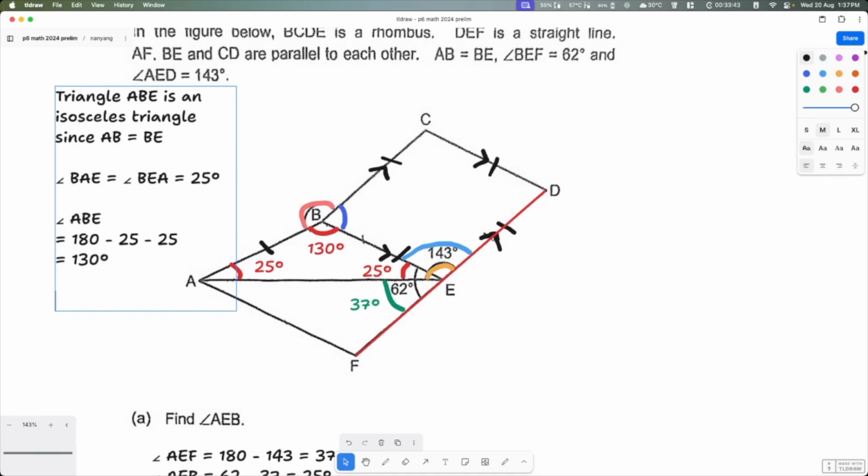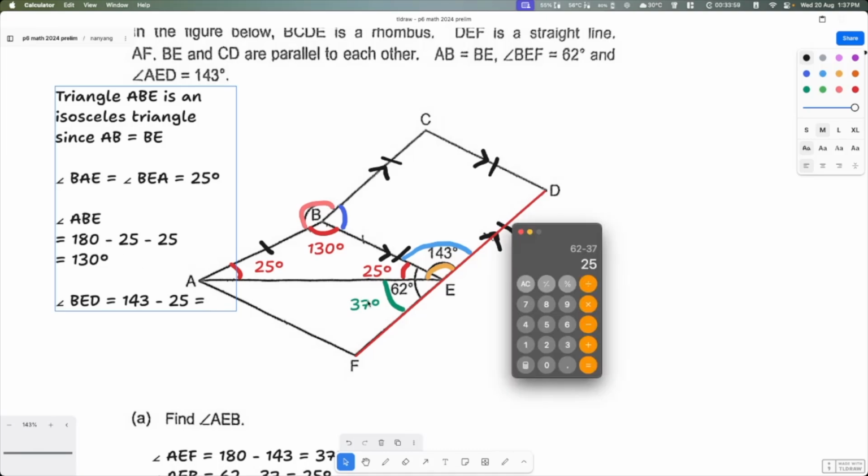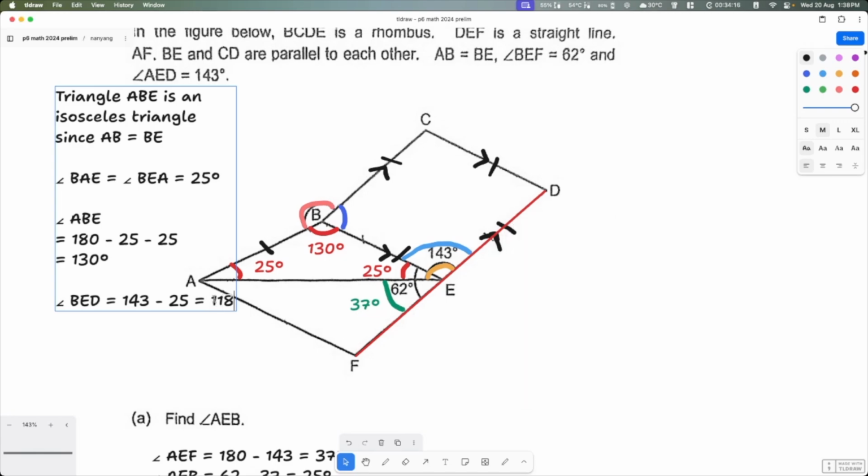So angle BED, the blue angle, BED is equal to 143 minus 25, and this will give us, let's use our calculator, 118 degrees. So this blue angle over here is 118 degrees.